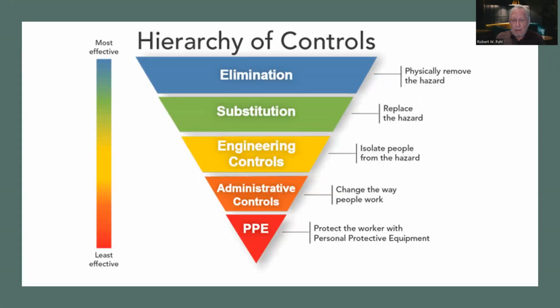Thank goodness. All right, this is the hierarchy of controls. Now, it starts at the most effective at the top, and that's elimination. And that's physically remove the hazard. If you can just get rid of it, no hazard. Well, that's the best thing you could do, right? Get rid of it. And you can't always do that. Substitution will be the next thing. Replace the hazard. Maybe you can replace it with something less. Obviously, you won't replace it with something more hazardous.